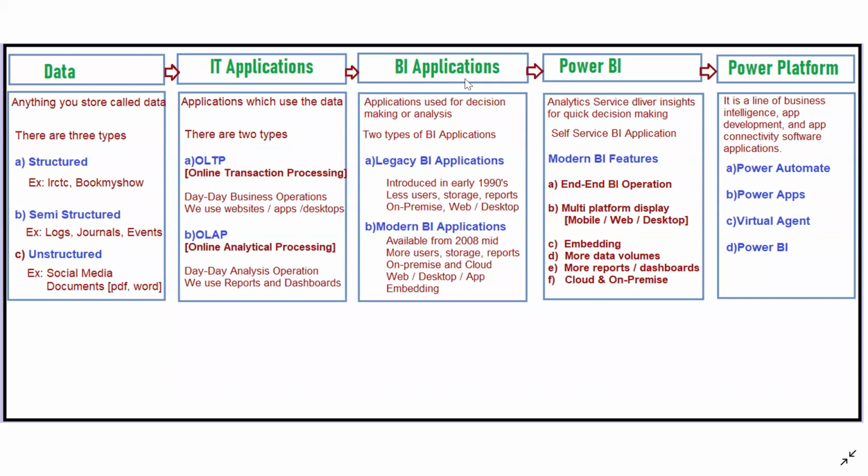Since the 90s, BA applications have been available. Initially, BA applications' capability was very limited. Then modern BA applications came into the picture. And among the modern BA applications, Power BI is a leader.